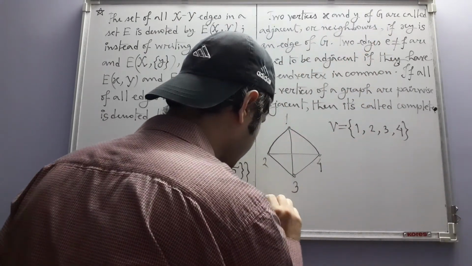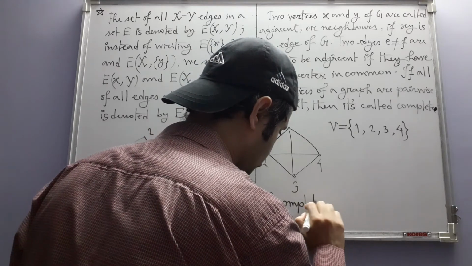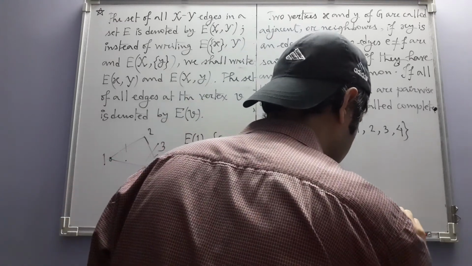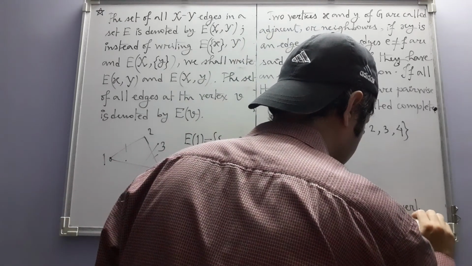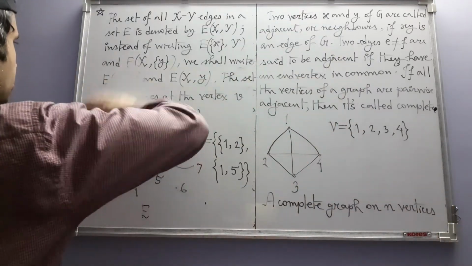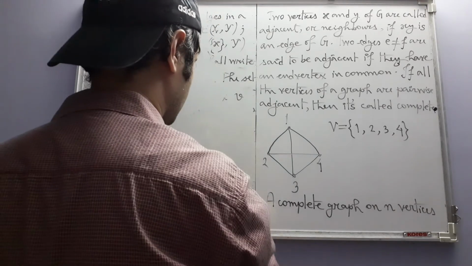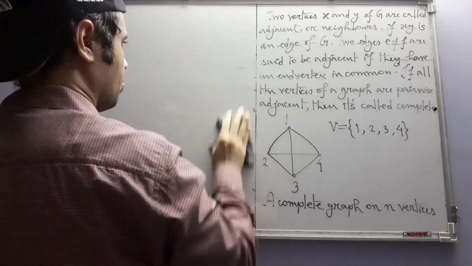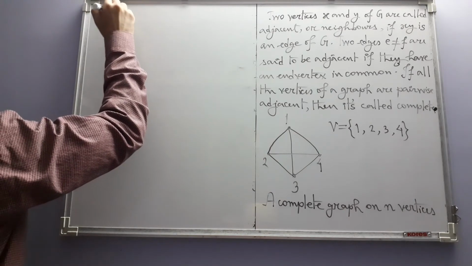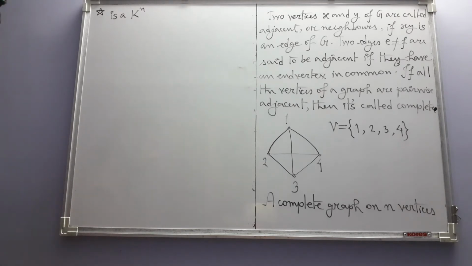A complete graph on n number of vertices is denoted by the symbol K^n.